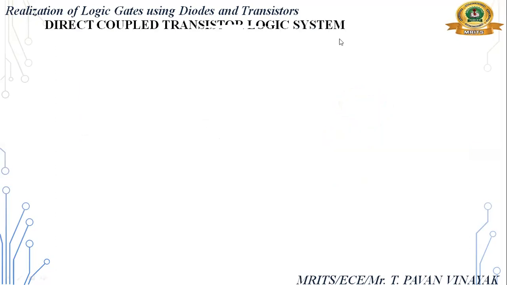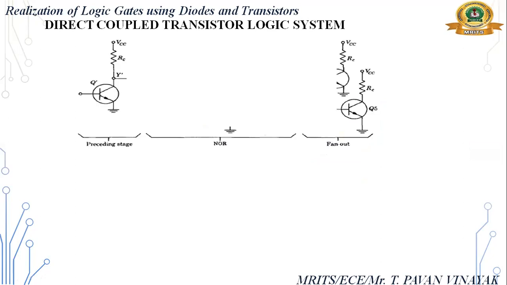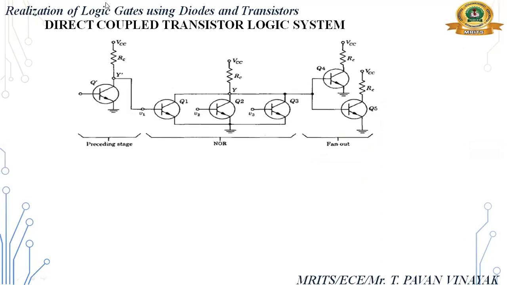Next, direct coupled transistor. In direct coupled transistor, let us observe only this part. This is the direct coupled NOR gate. We are taking output here, with 3 inputs. So output is A plus B plus C whole bar.